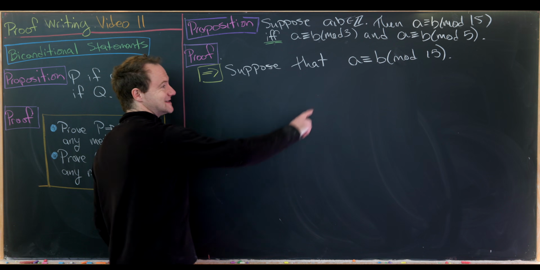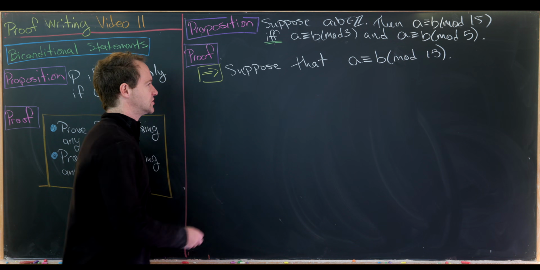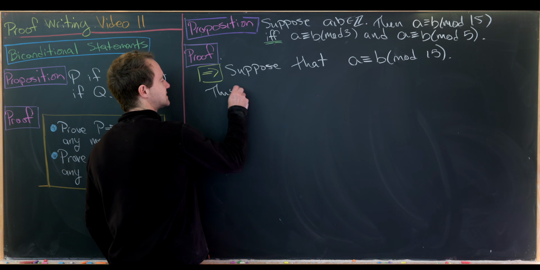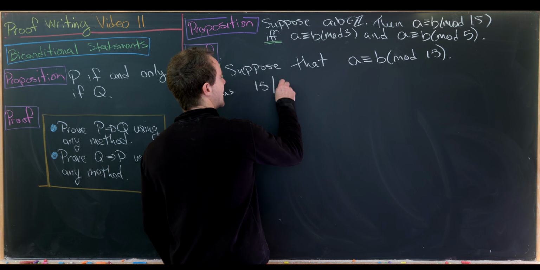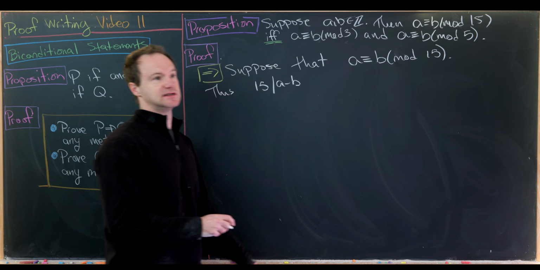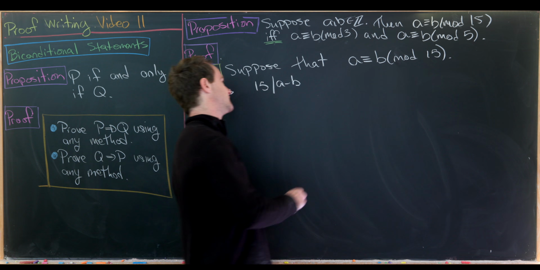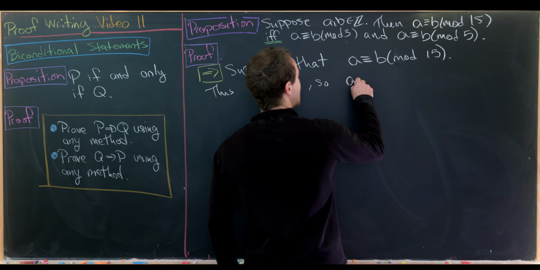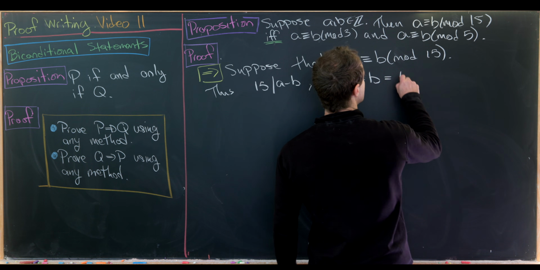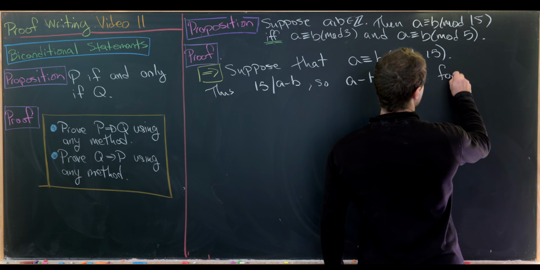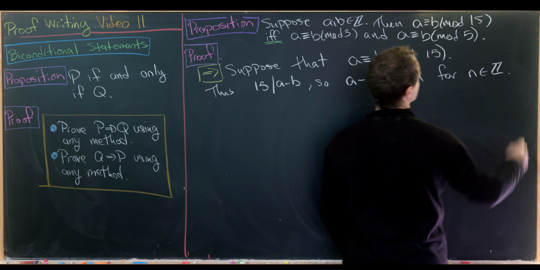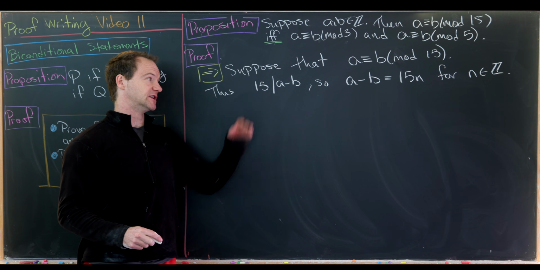Okay, so let's decompose this into a definition. So thus, 15 divides a minus b. That's the definition of congruence mod 15. So a minus b is equal to 15 times n for some integer n. Again, that's the definition of divisibility.